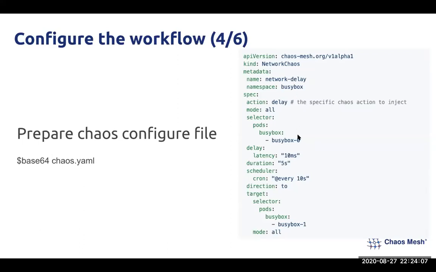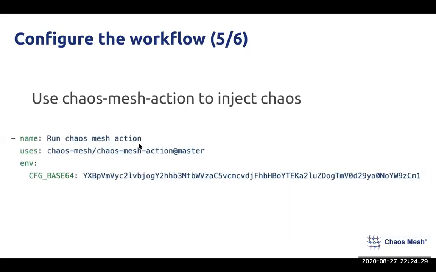It will be injected every 10 seconds and last for 5 seconds each time. Then we will use the base64 command to get the base64 value of this configuration file. And next, we will use this base64 value in the configuration of Chaosmeshaction. You can see this.